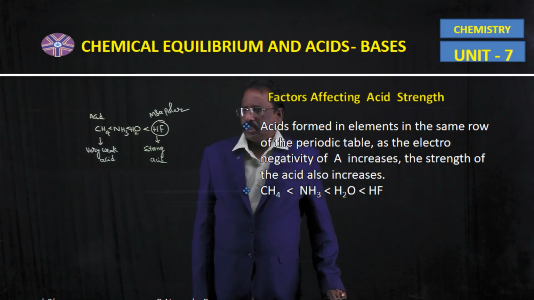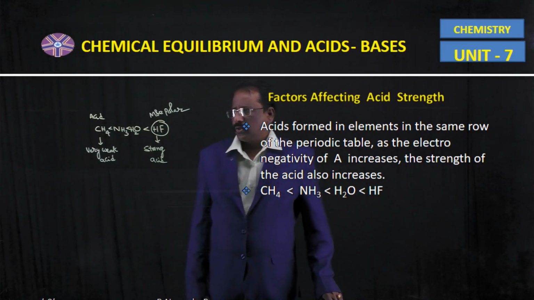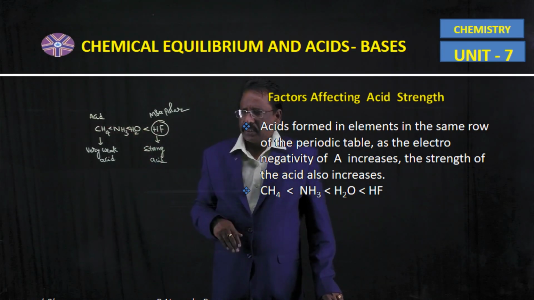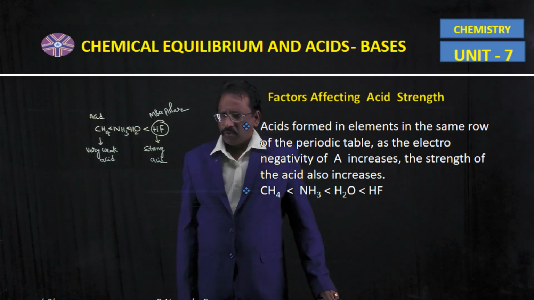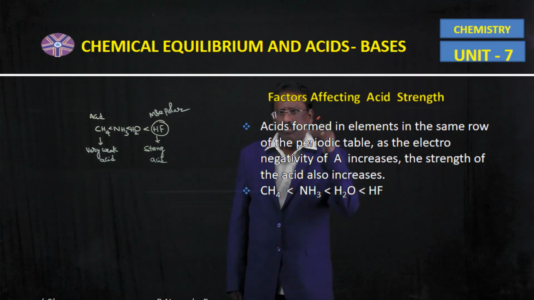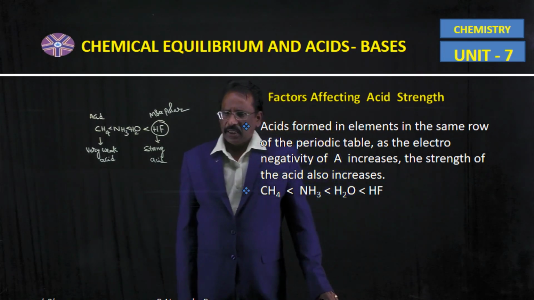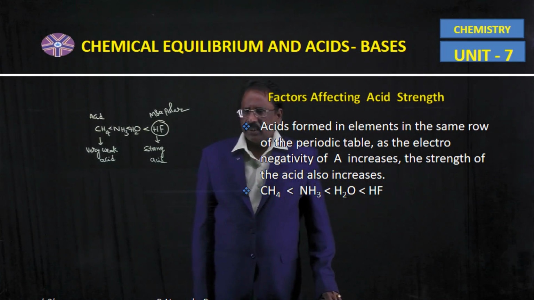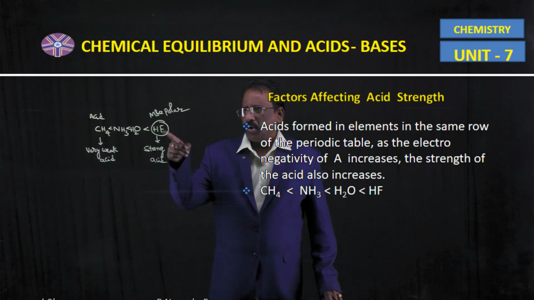The most electronegative element in the periodic table is F. From left to right, the acidic nature of the compounds increases in any period. Down the group from top to bottom, the basic nature of the oxides increases. So here the strength of the acid depends upon the polarity of the bond.